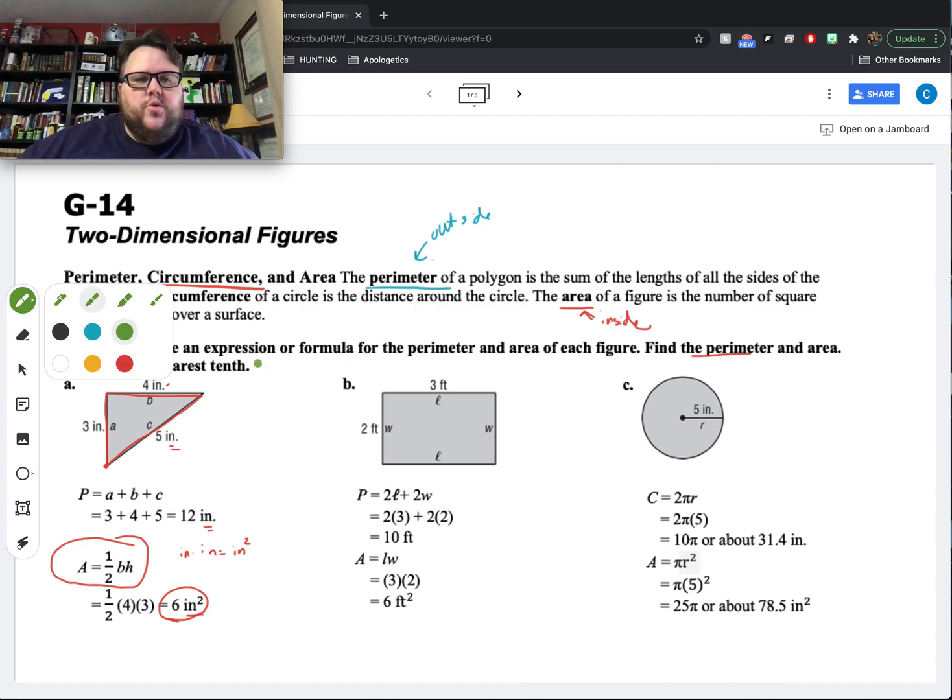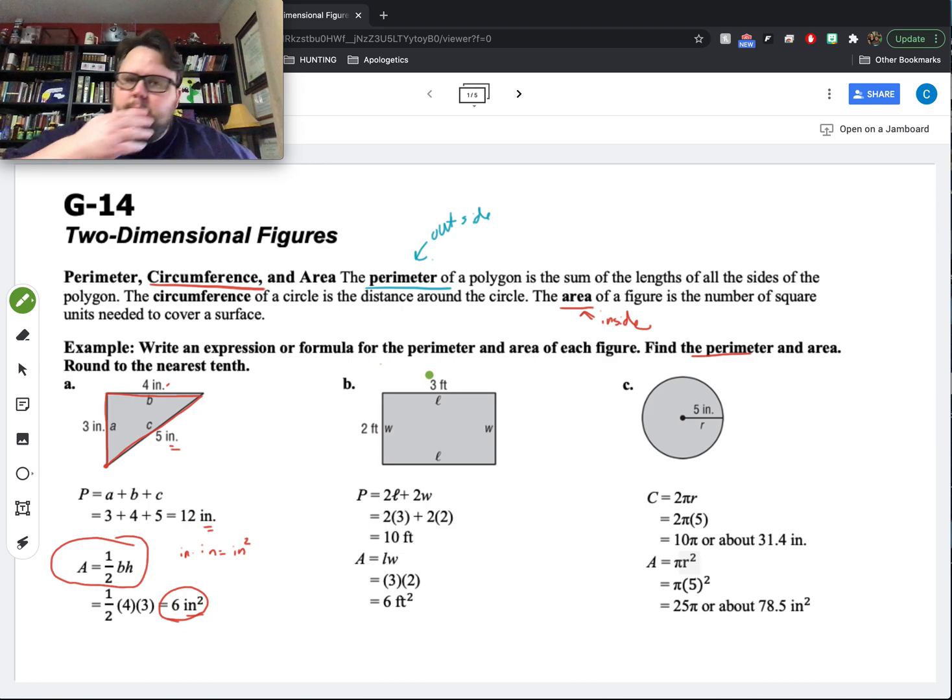Now we're going to do a rectangle or a square. What we have is the perimeter. Again, I'm going to walk around the outside. So if I start here, I can do 3 plus 2, because that's going to be 2 feet, and that'll be 3 feet. So 3 plus 2 plus 3 plus 2.